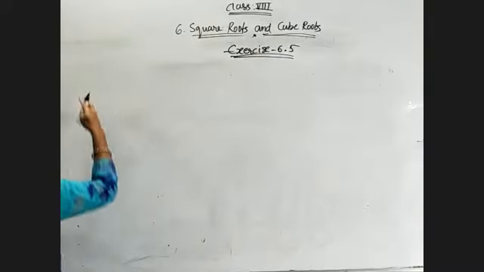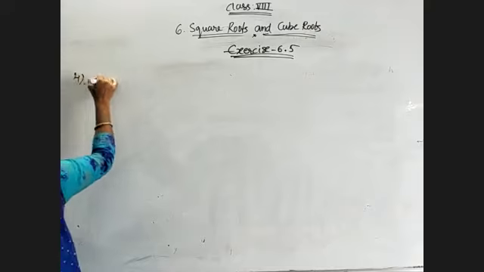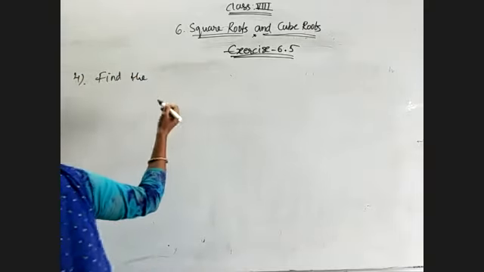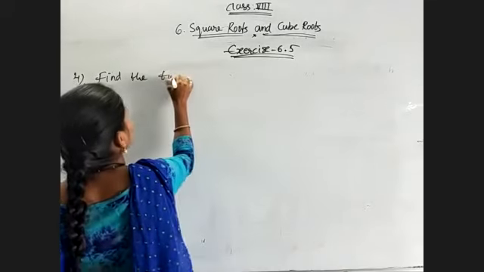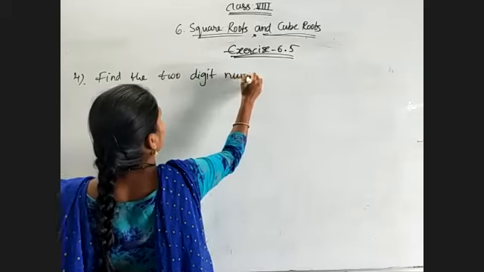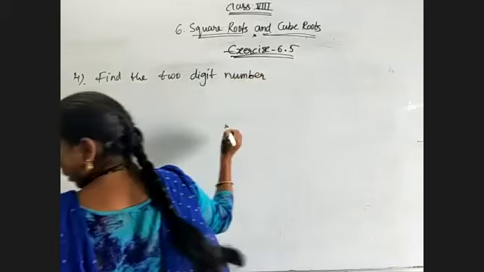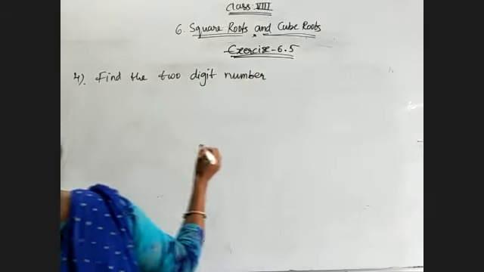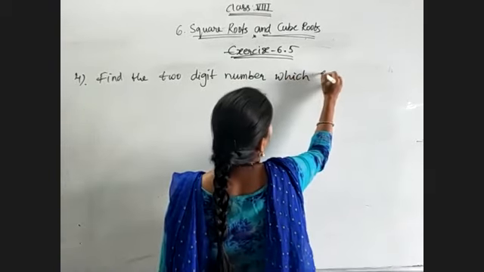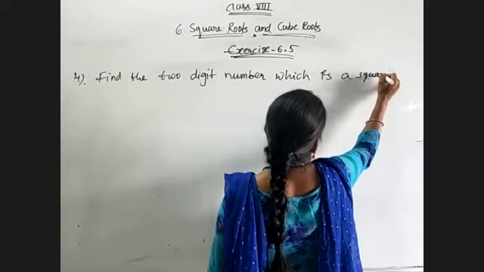Observe the last problem. Find the two-digit number which is a square number and also a cubic number. What is meant by a square number?